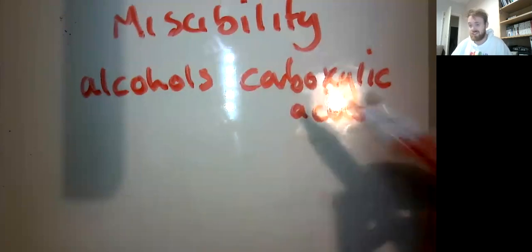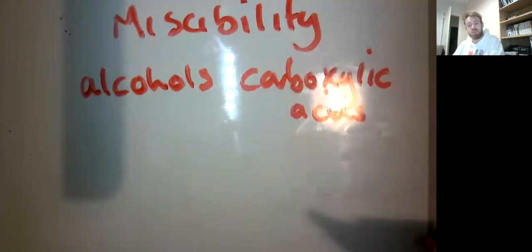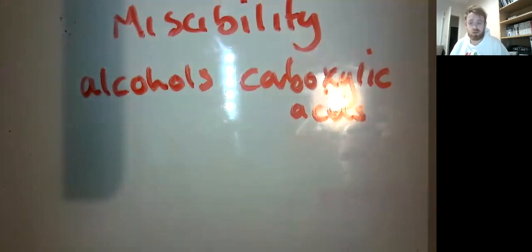Alcohols and carboxylic acids, while also covalent, do have that OH group and the carboxyl group, which make it slightly more complicated. We don't need to know why that is at the moment, okay? But the rule is, the smaller the molecule, the more likely it is to be miscible in water, okay? Think of miscible as though dissolving for liquids. Can the two liquids dissolve into each other?